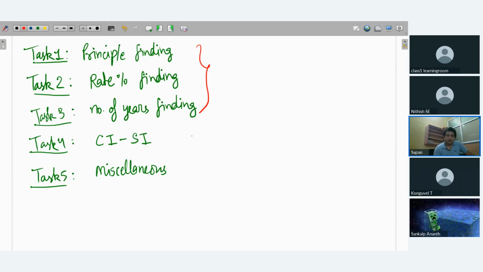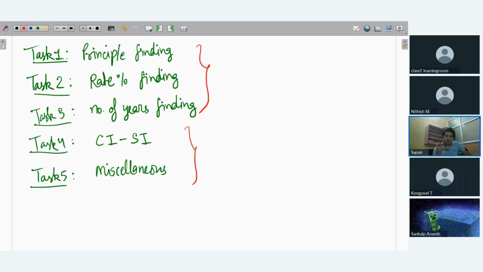The rest of the 2 tasks are a little different. In that, somebody will tell you that in a situation, the difference between compound interest and simple interest is 1000 rupees. Can you tell the time or rate of interest or principal? This is task 4.